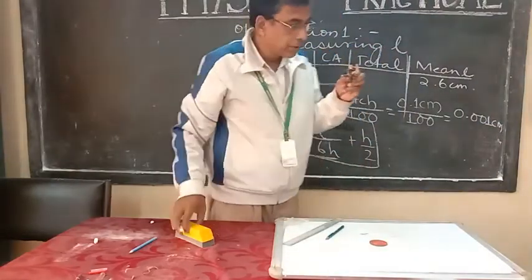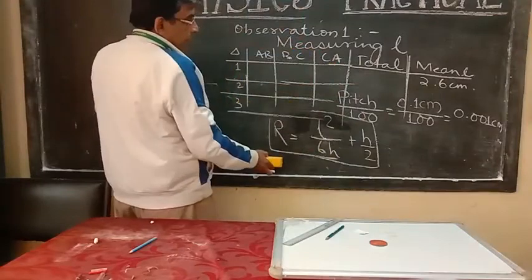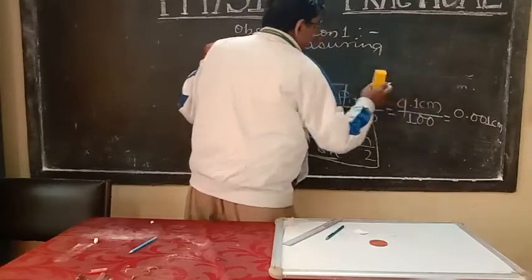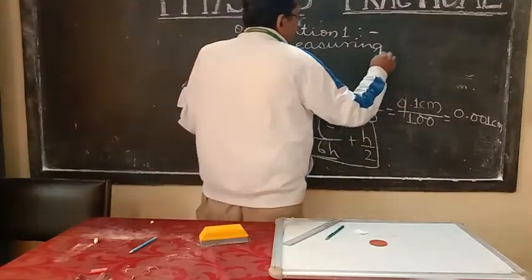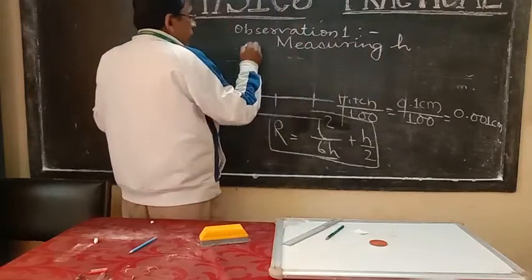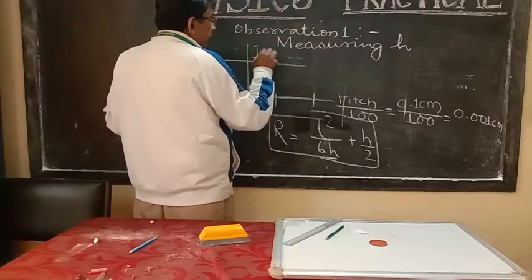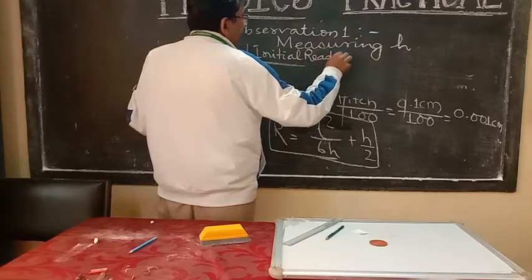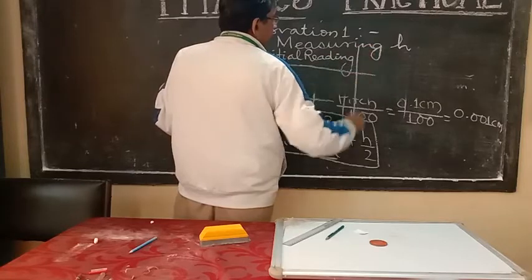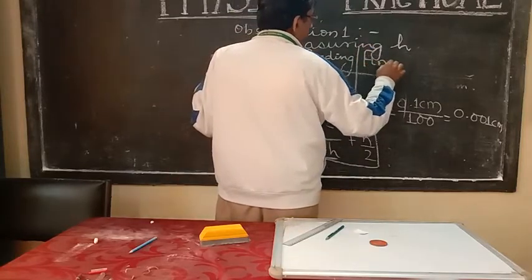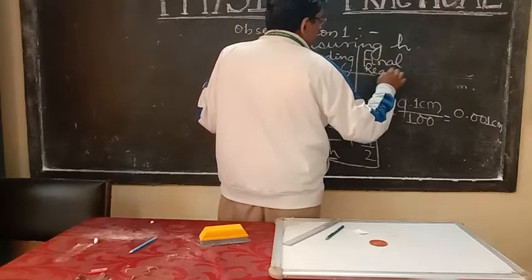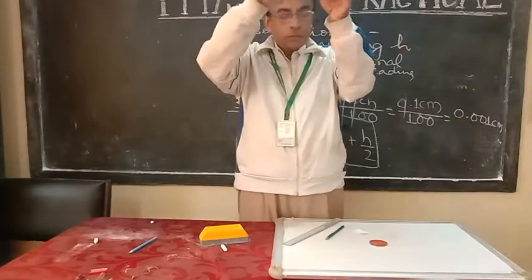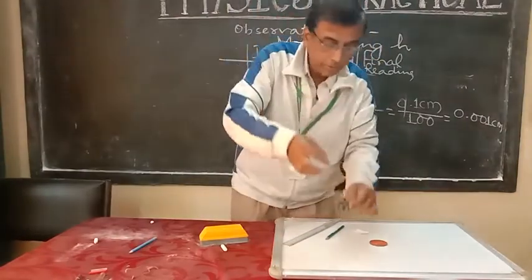So for h, the formula is this one, and how to measure h: the table is like this, measuring h. Table is initial reading, final reading. How will you get the final reading? It is now going up, so you have to put it on the plane surface.